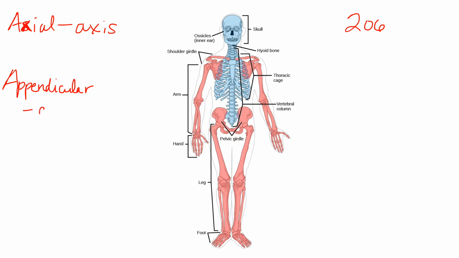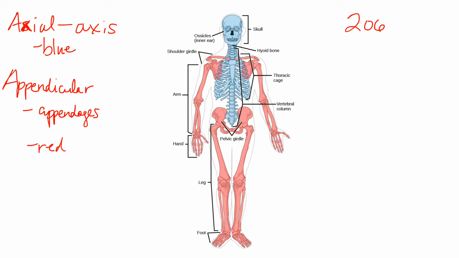Appendicular, think of appendages, which would be like arms and legs, your limbs. Those in blue are the axial skeleton bones, and those in red are the appendicular bones. We're going to spend a little more time looking individually at the appendicular bones, but I want to spend a little time with the axial bones.